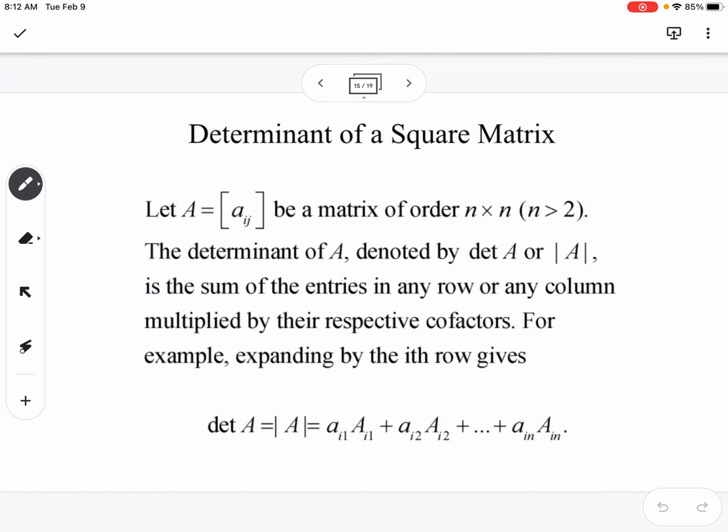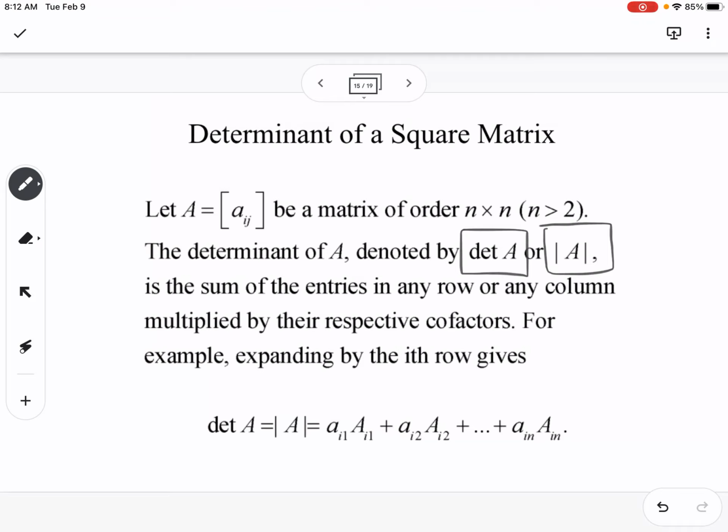Okay, so the determinant of a square matrix, you're going to see it written as det A, or kind of looks like absolute value signs of A. That's the symbol for determinant. It's the sum of the entries in any row or column multiplied by their respective cofactors. This is an example written out. What we're going to do is find the 2 by 2 determinants by hand.